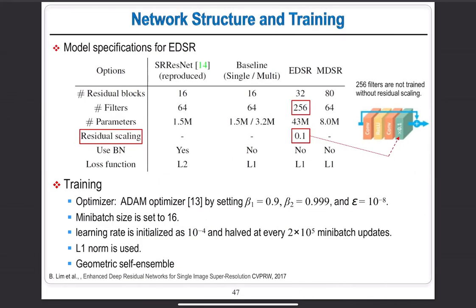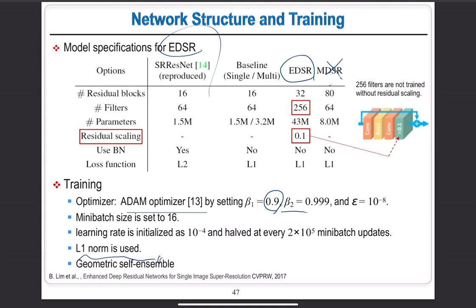Here we can see the training configuration of EDSR. Just EDSR, not MDSR. Training is performed using L1 loss instead of L2 loss. The model is optimized using the Adam optimizer with beta 1 set to 0.9 and beta 2 set to 0.999.